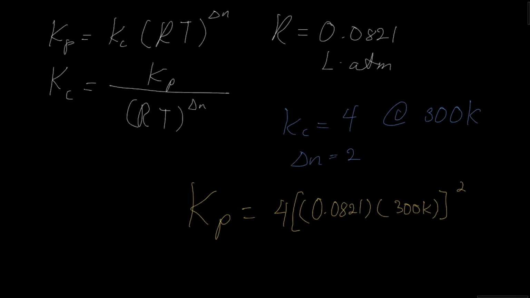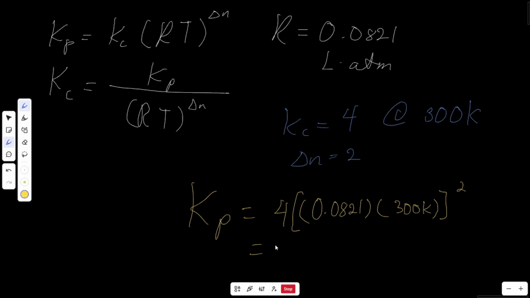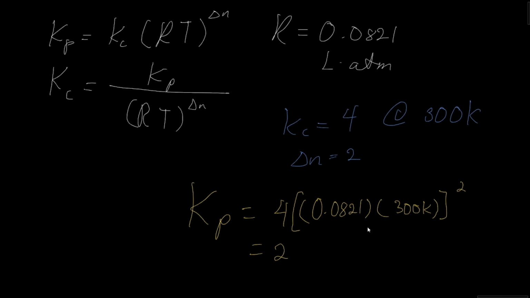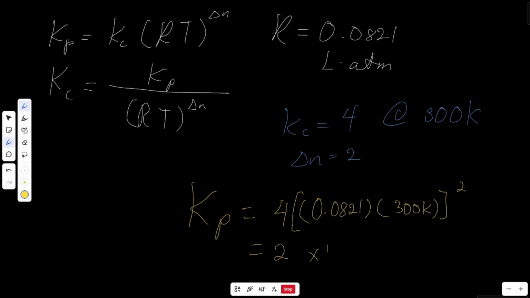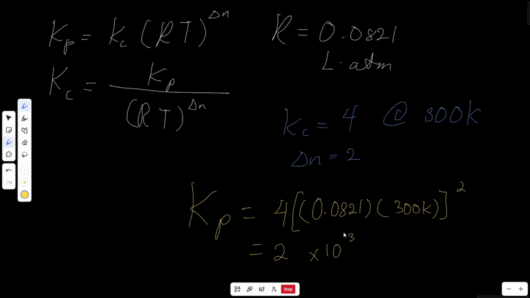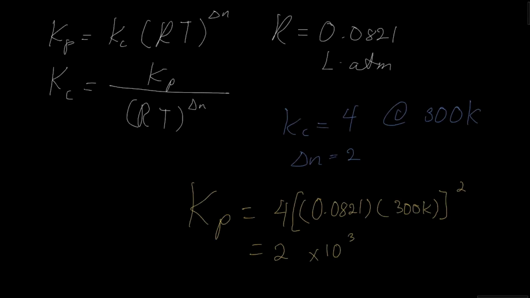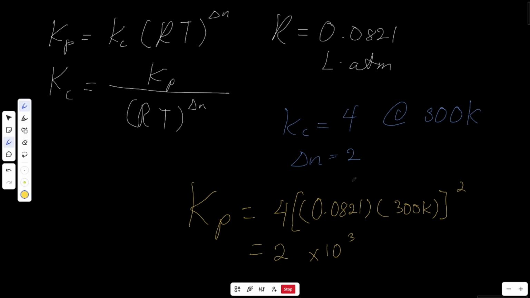So our answer here is going to be 2000, or rather, so that we can keep our significant figures, let's keep it at one significant figure. We'll have 2 times 10 to the power of 3. And that's going to be our Kp. If you want to go the opposite way, eventually we can get Kc.